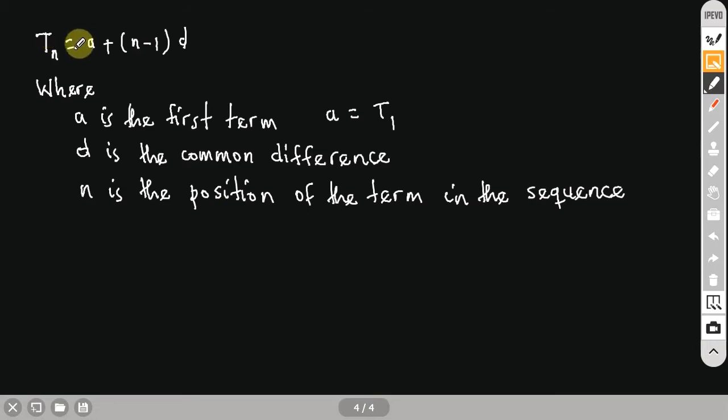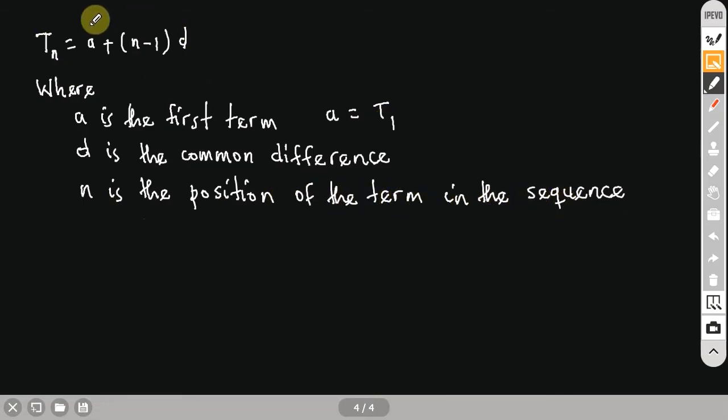It is Tn is equal to A plus, in brackets, n minus 1, times D. A is your first term, A is equal to T1, and D is the common difference, the constant difference of the arithmetic sequence, and n represents the position of the term in the sequence.